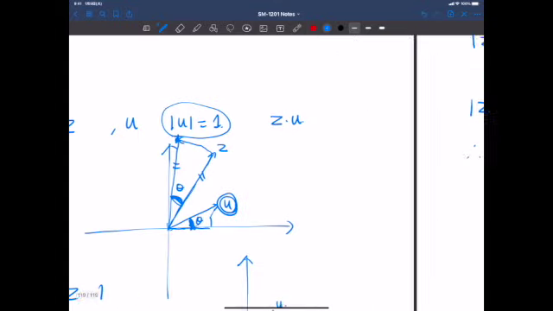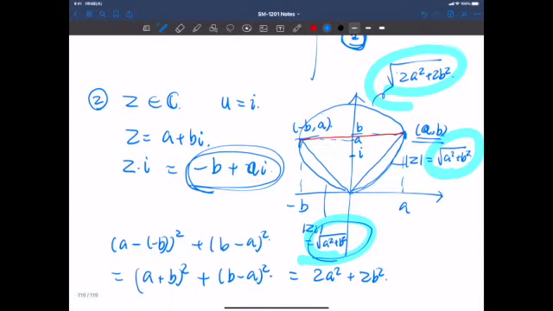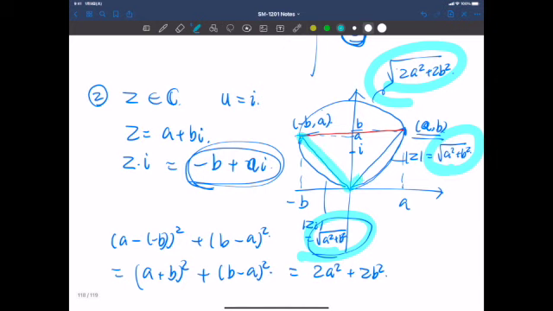Now, if you look at this triangle, the result says the sum of the square of this length and the square of this length is equal to the square of this length. So according to the Pythagorean theorem, this angle is the right angle. So it's 90 degrees, or half pi.